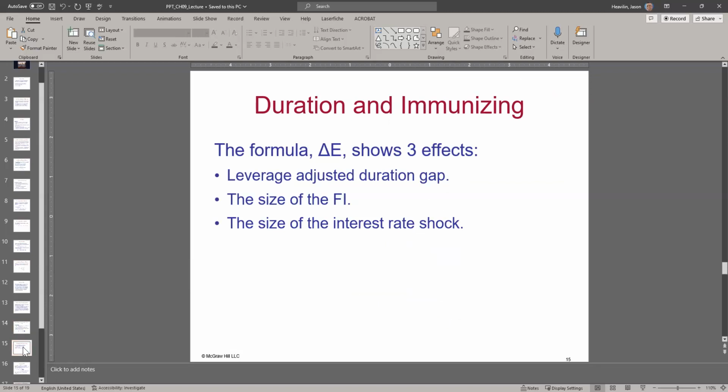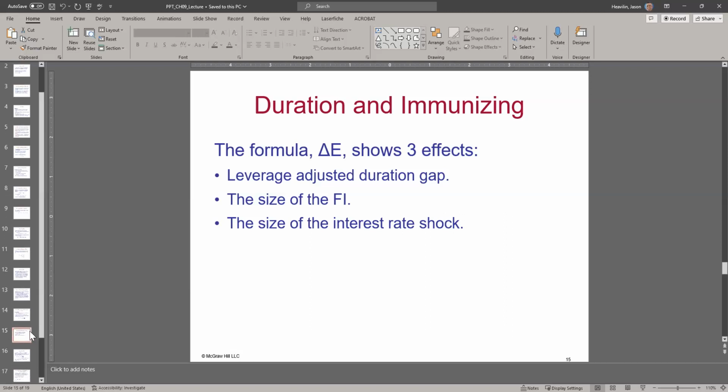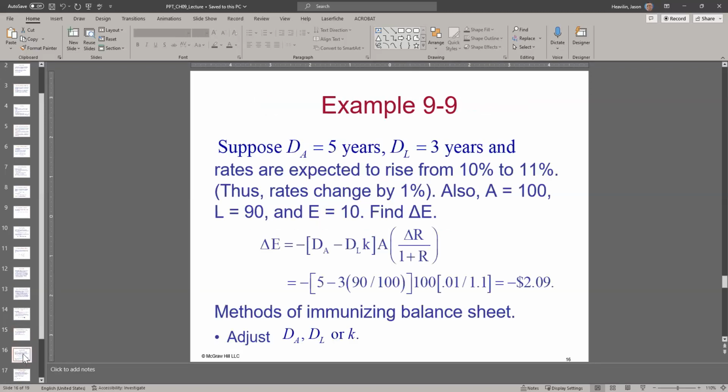These are the three key elements in the formula: leverage adjusted duration gap, the size of the financial institution, which is the assets, and the size of the interest rate shock. All of these are taken into consideration to keep the change in equity in check.